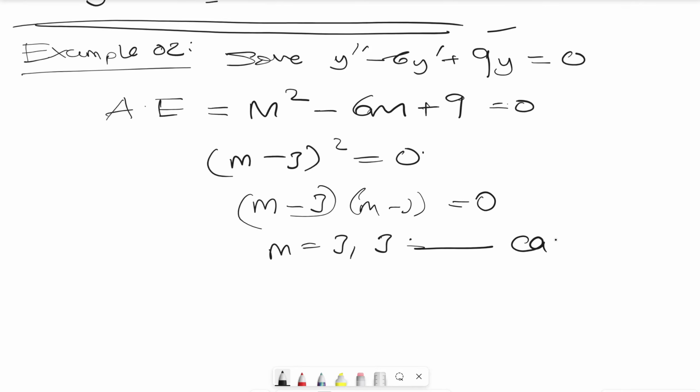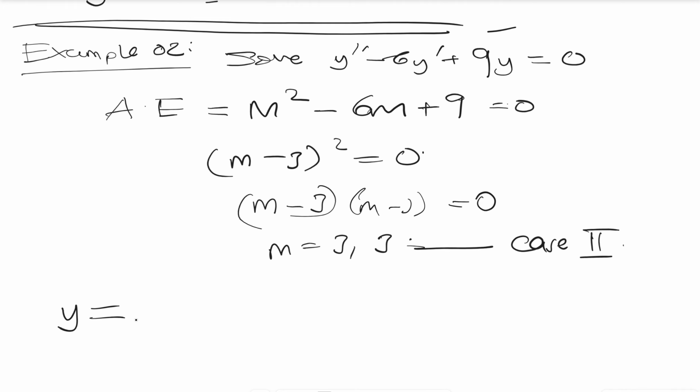And this will be treated as case 2, whereby the roots of the equation are real and repeated. So what will be our solution?